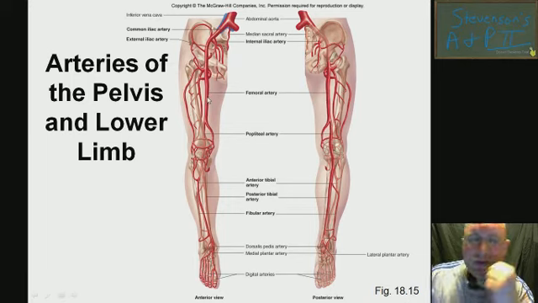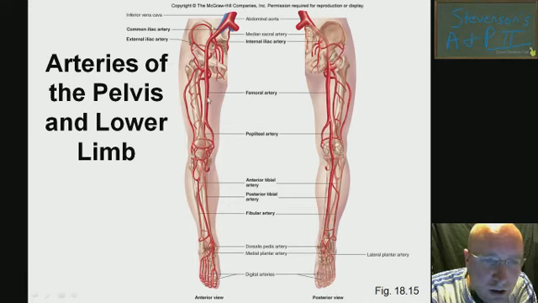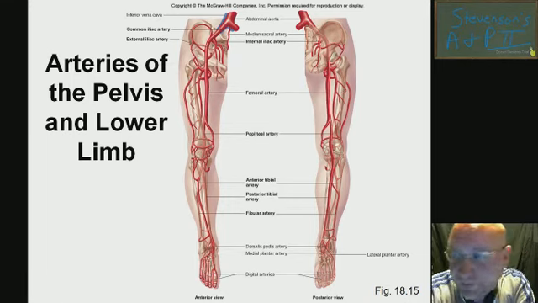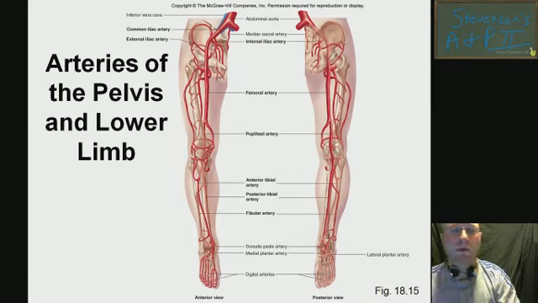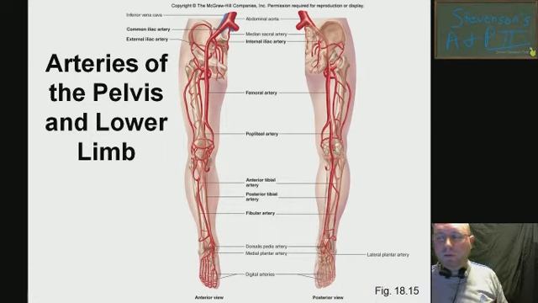So here we see the femoral artery. Very large artery. A lot of blood flow here. It has to supply enough blood flow to most of the parts of your lower limbs, because most of your arteries are going to branch off the femoral, either up top or down the bottom.